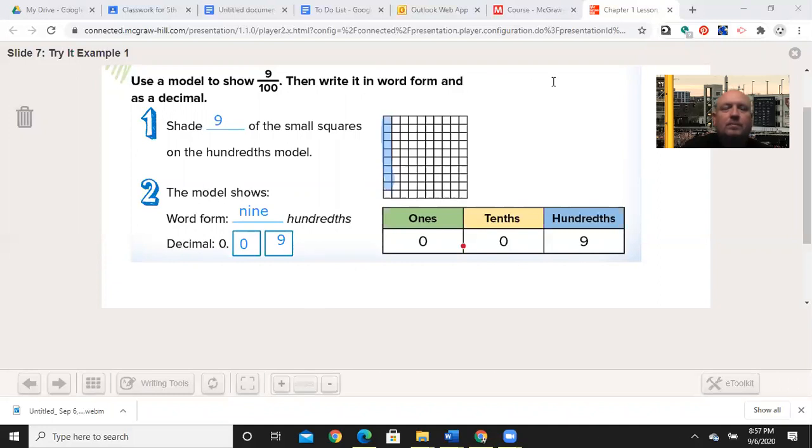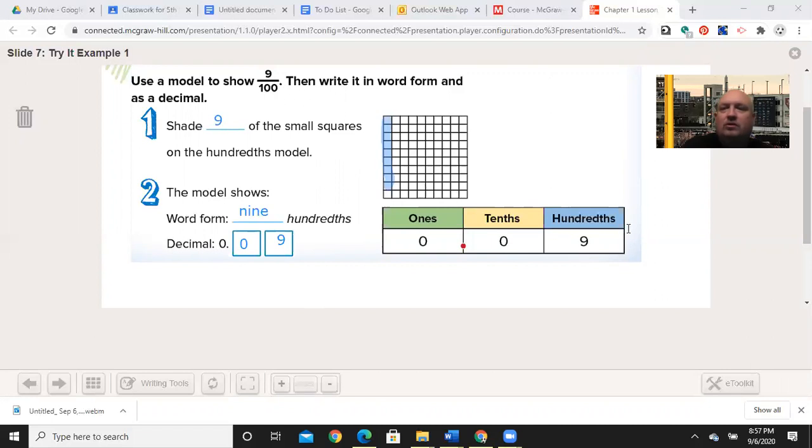If you're starting to notice something, when I hit a 9 on the top, that's how many squares I'm coloring in. The numerator tells me how many. And then how many places are in our decimal? Well, it depends. If I had a 10, so it was over a 10, we only went one spot.